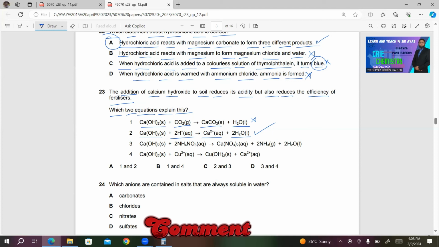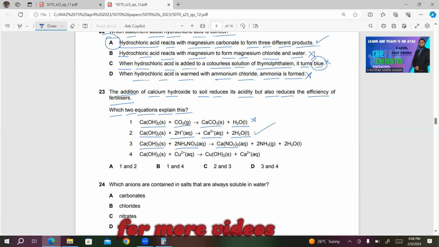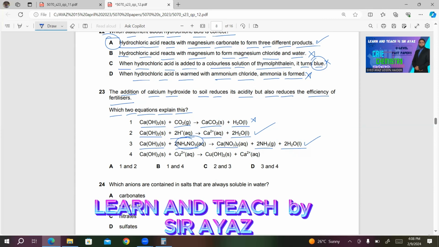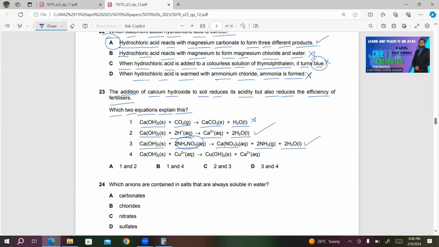Number 3, Ca(OH)2 solid plus 2NH4NO3 aqueous gives Ca(NO3)2 plus 2NH3 plus 2H2O liquid. This reaction is also correct because this reduces the efficiency of the fertilizer. The reason is that this is an ammonium salt and the calcium hydroxide is reacting with the fertilizer, producing a salt and releasing ammonia into the air.